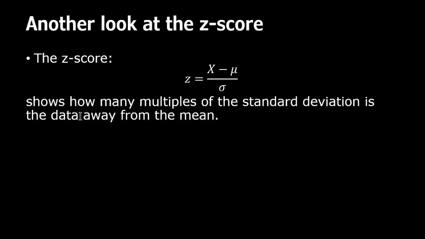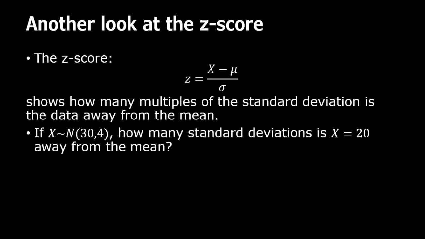And to illustrate this, let me solve a question. Let's say x follows, this wiggly line means it follows, the normal distribution with mean value 30 and standard deviation 4. In other words, you're thinking of a bell-shaped curve where 30 is the mean value and 4 is related to the width of this bell-shaped curve.